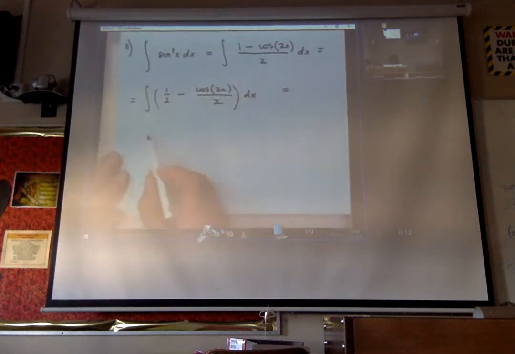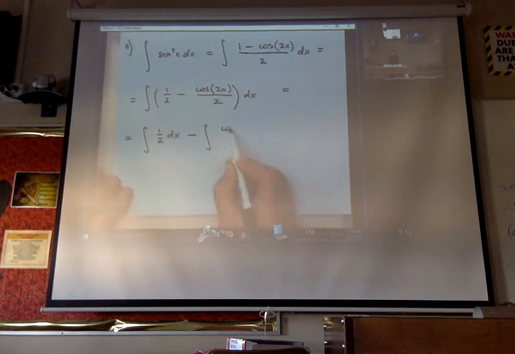And then either you factor out 1 over 2 completely outside, or deal with each piece separately. Did I actually split it or not? You split it without factoring. Okay, without factoring. So we have the integral of 1 over 2 dx minus the integral of cosine of 2x over 2 dx.